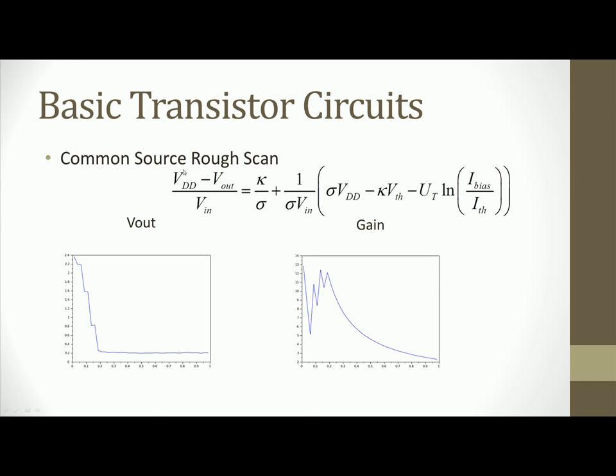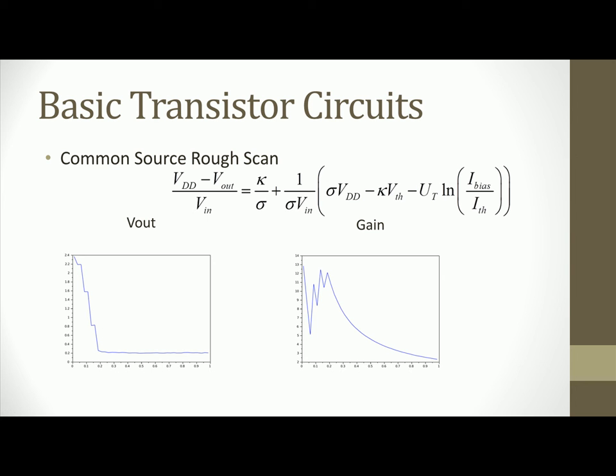And for the common source, we do a rough scan and a fine scan. I think it is a problem of the device because there are some steps on our plot. I think it is because of the accuracy of the voltage we can get.